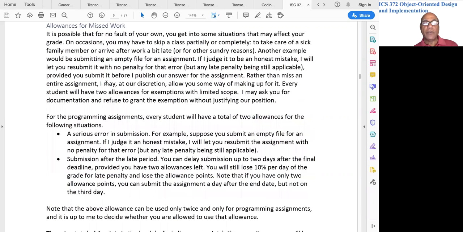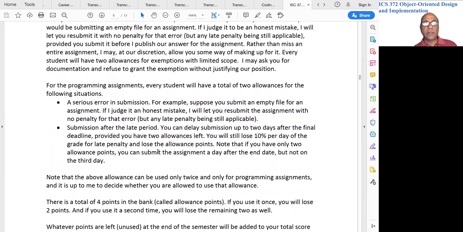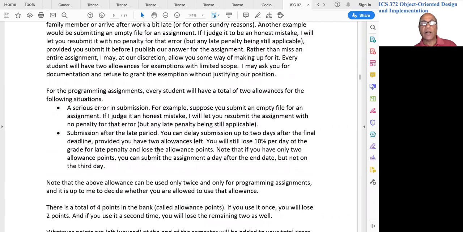So to take care of those things for assignments, I'm allowing a little bit of leeway here. So go through this section and see whether you understand that. These allowances are applicable only to assignments and it can only be used twice.